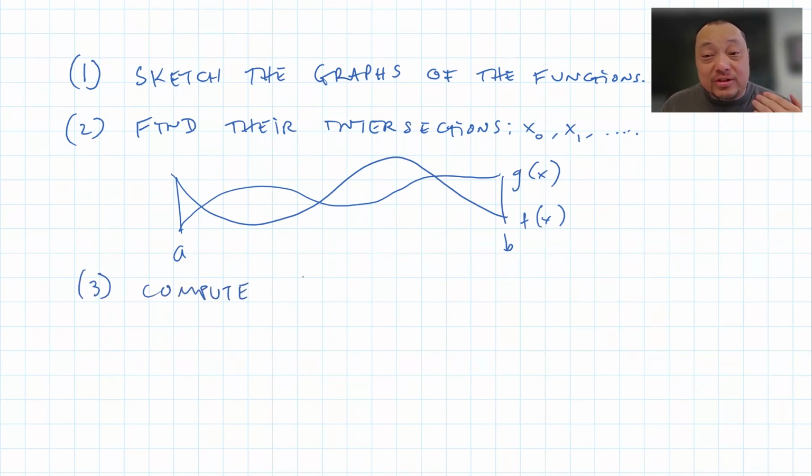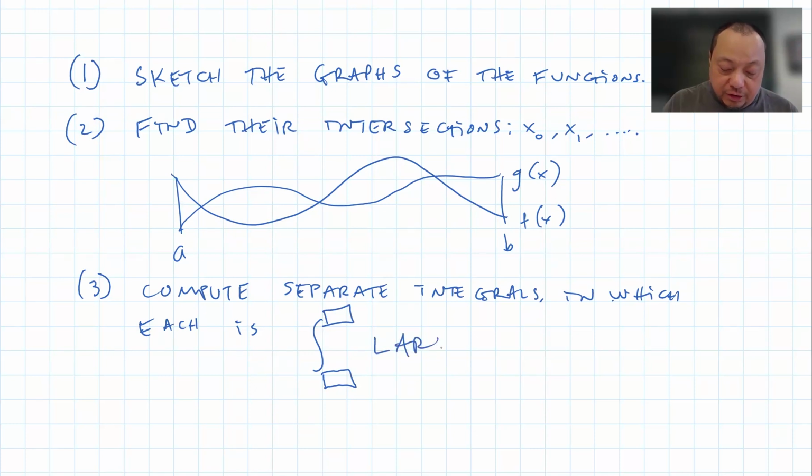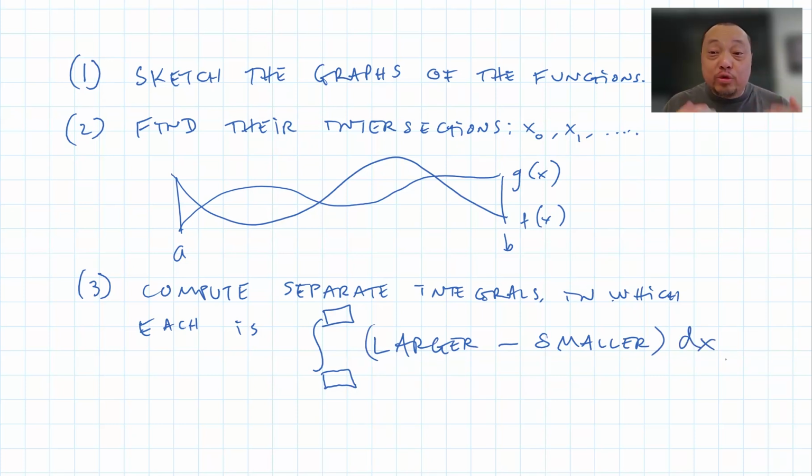And then you compute separate integrals for each interval, in which each integral is from some intersection to the next intersection of the larger minus the smaller, where which one is larger and which one is smaller may change depending on the interval.